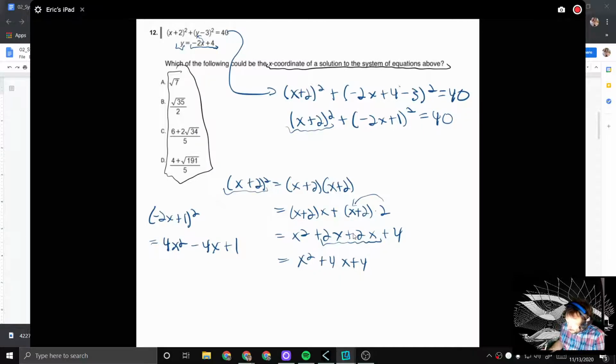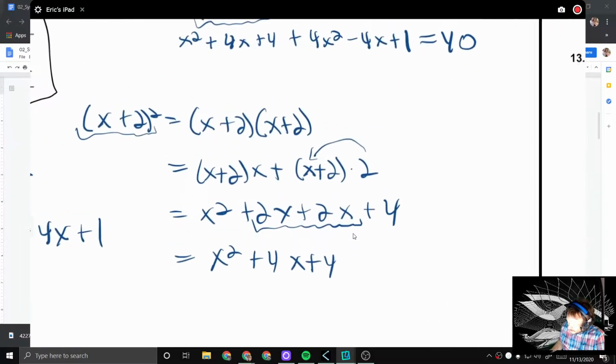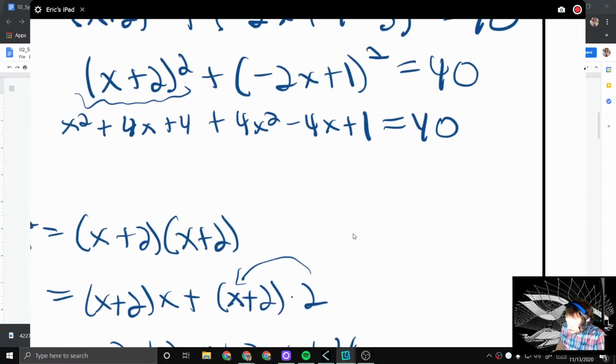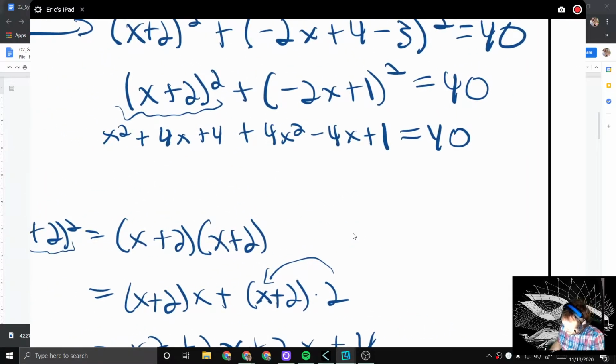Feel free to do it the long way, but it's good to start saving yourself some time. I'm going to zoom in to make my little bit of space more space and draw that to indicate what's going on here.